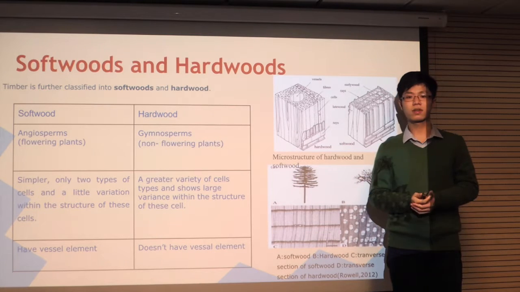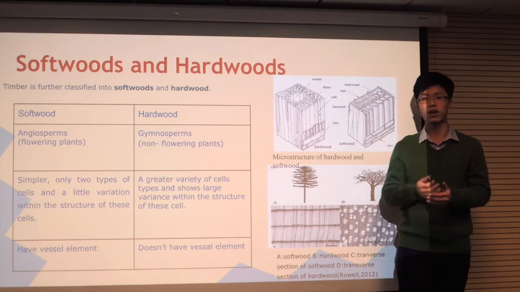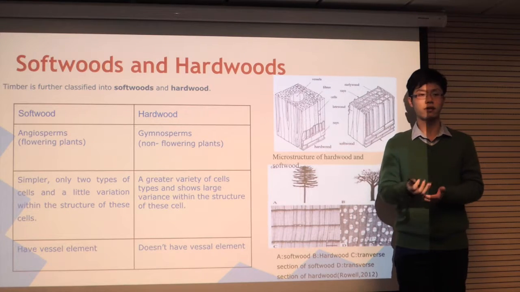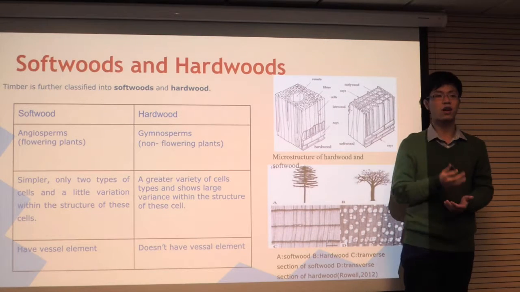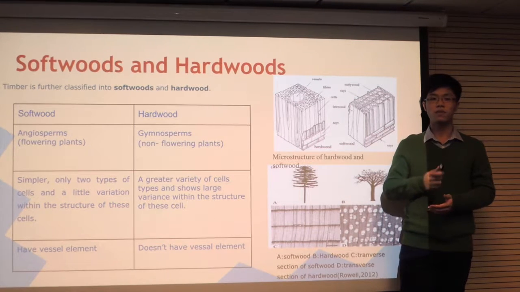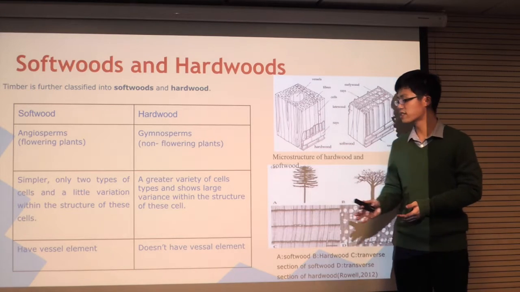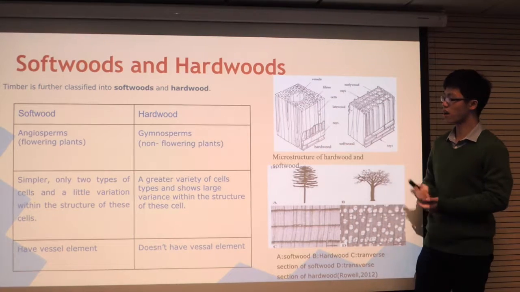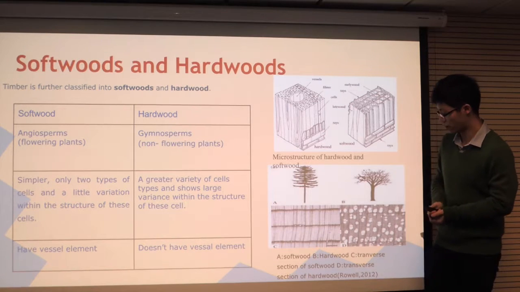There are only two types of cells in softwoods, with little variation within the structure of the cells. However, hardwoods show a great variety of cell types, and also variations in the structure of the cells. And the biggest difference is that hardwoods have vessel elements. However, softwood does not have any.